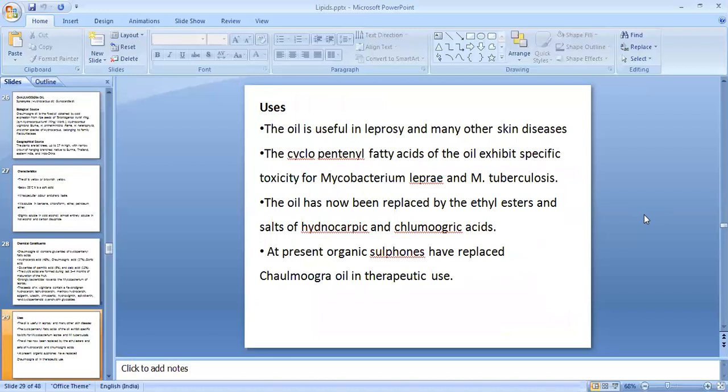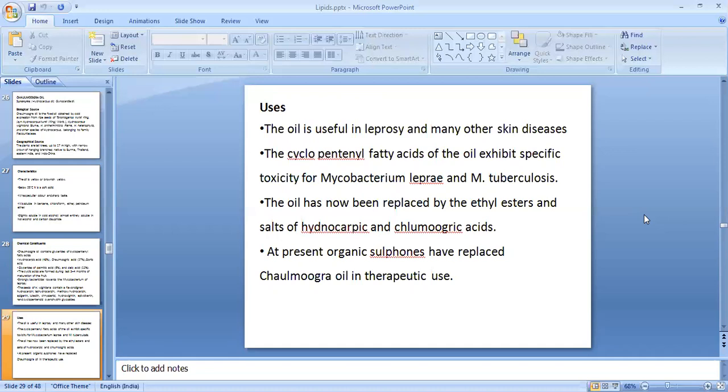And the uses: the oil is useful in the treatment of leprosy and many other skin diseases. The cyclopentenyl fatty acids of the oil exhibit specific toxicity towards Mycobacterium leprae and Mycobacterium tuberculosis. Now the oil has been replaced by ethyl esters and salts of hydnocarpic and chaulmoogric acids, and organic sulfone derivatives have replaced it in therapeutic use.